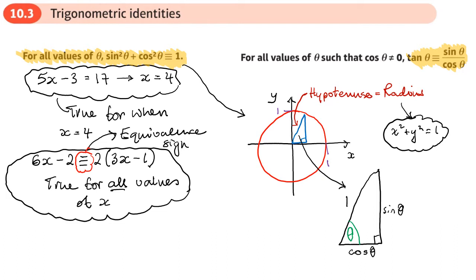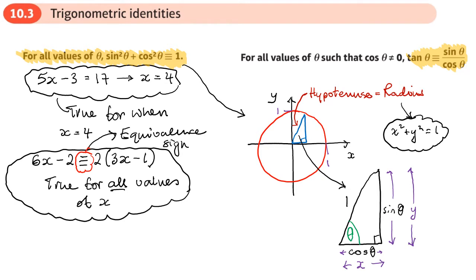So what have I got? Well, I could call the length of this side here x instead, because it's just the x coordinate. I could call the length of this side here y, because that's just going to be whatever that y coordinate is.